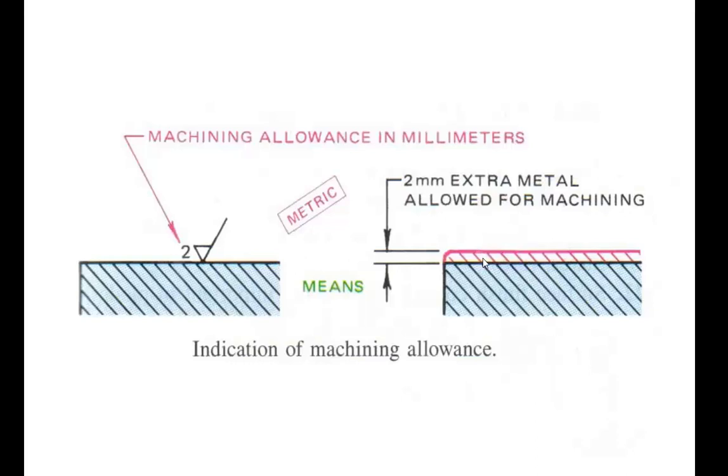The thickness of this layer is called machining allowance, and it is written just using this part of the symbol. This is the same place to find the machining allowance in the old version and also in the new version of this standard.